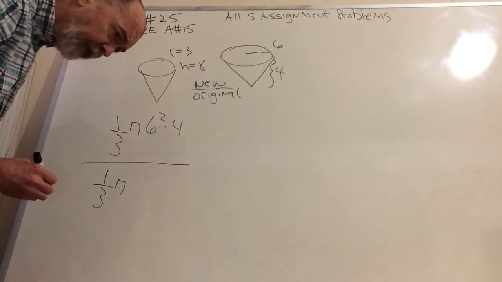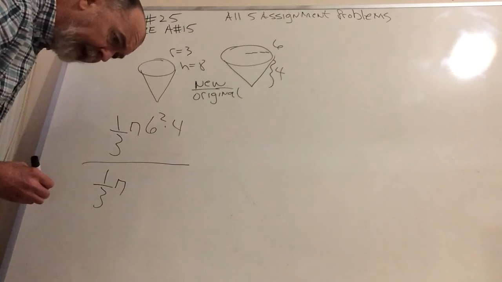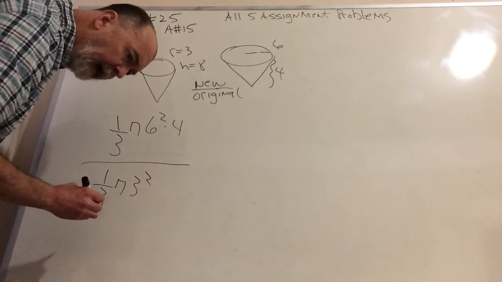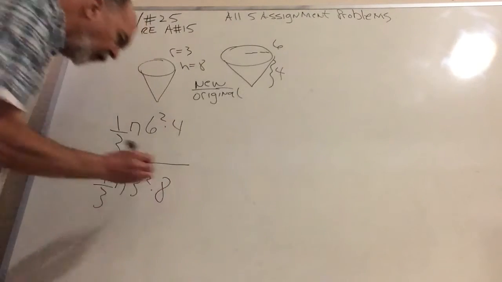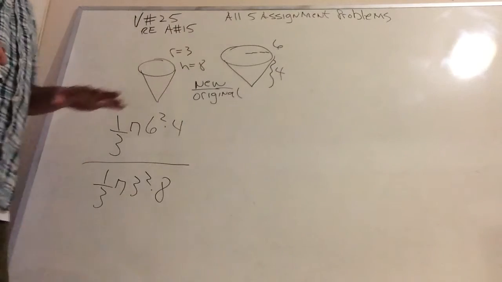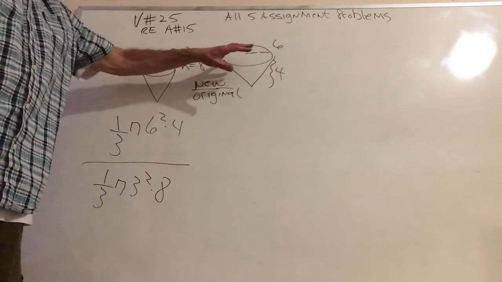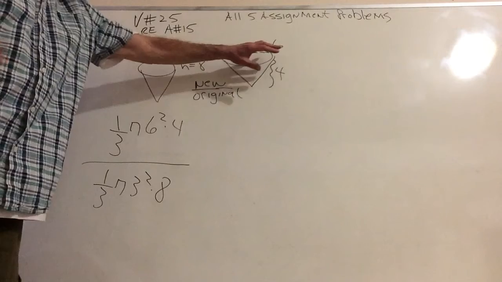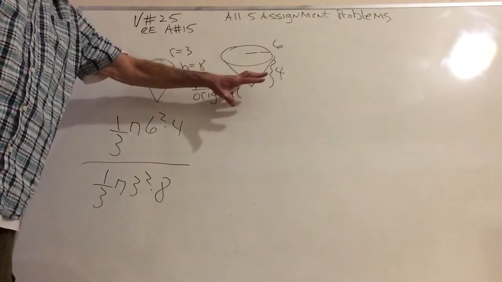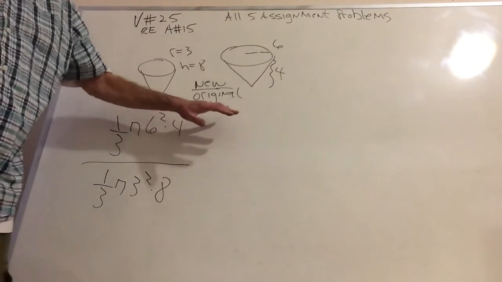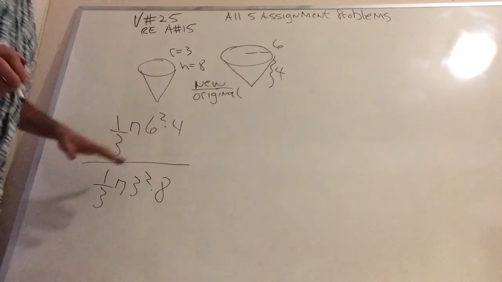And then we look at the smaller numbers, and that's 3 squared times 8. So people who really think about this see it instantly, right? That if you increase the radius, you increase the volume much more quickly than if you increase the height. And that's something maybe we could talk about down the line.